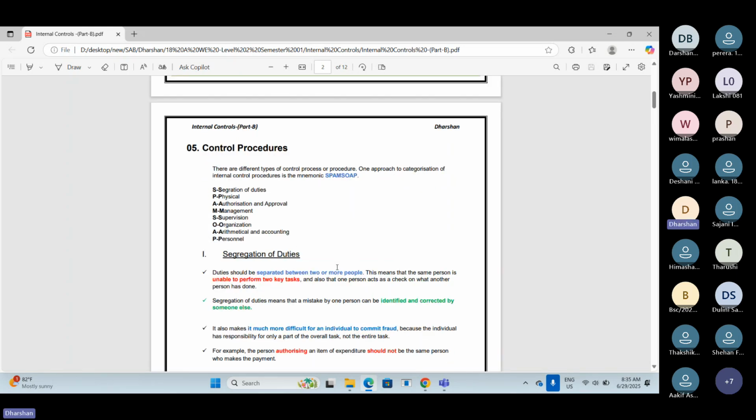So we'll start the session. I'm not going to take the entire 3 or 3.5 hours, so it will be difficult to discuss theories through the online version. My purpose is that we will complete internal control, and if time permits, we will do some questions also, the balance questions in business process.